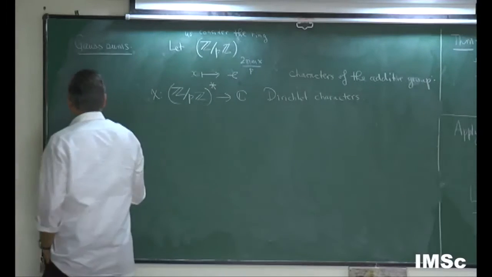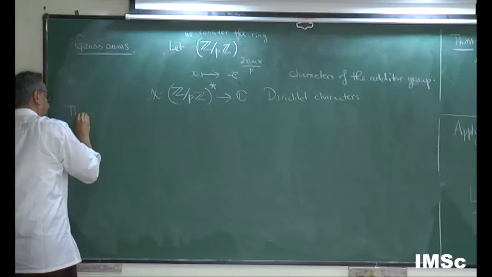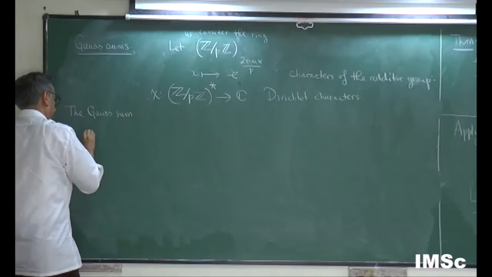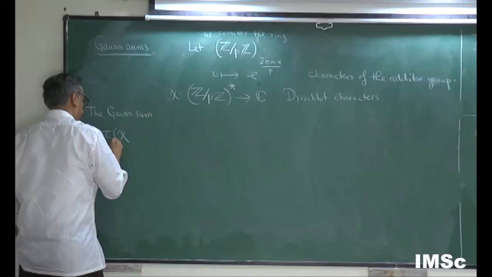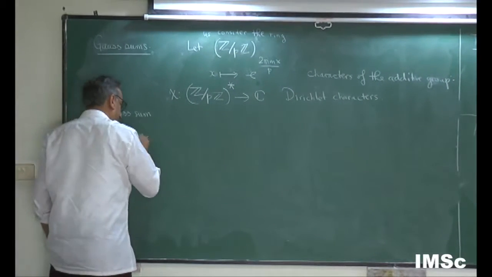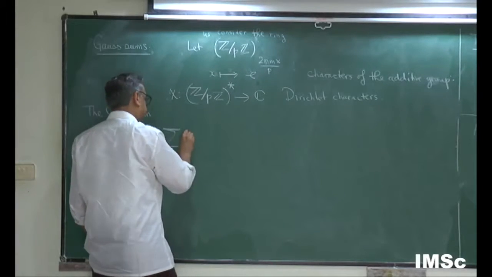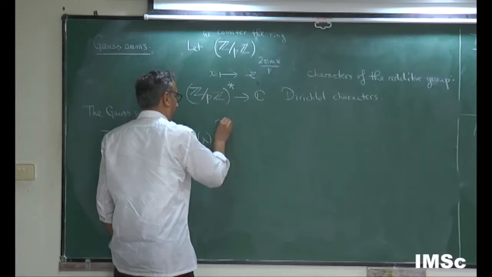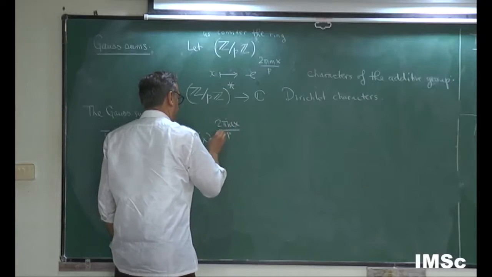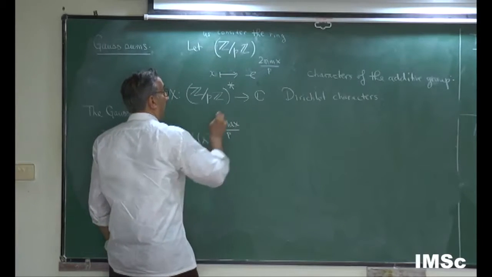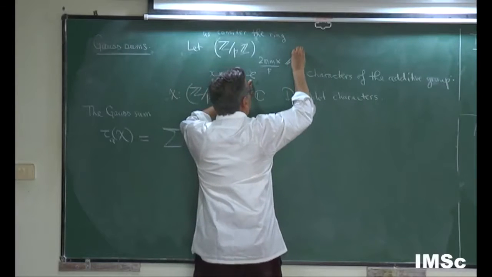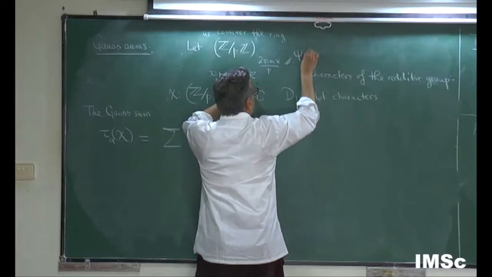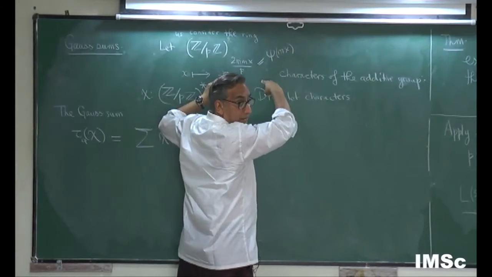And the Gauss sum tau sub a of chi is equal to, if you don't mind, I just want to give this a name, psi of mx. This thing.